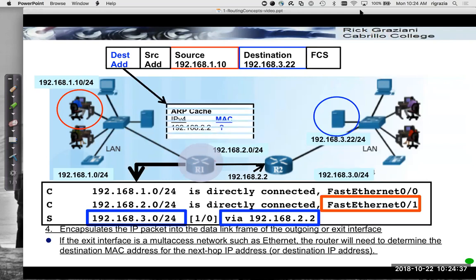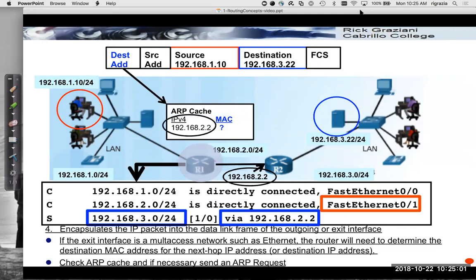It's going to look it up in its ARP cache. In this case, because it is sending it to a next hop router, what it's going to be looking up in its ARP cache is the MAC address associated with the next hop IP address, 192.168.2.2.